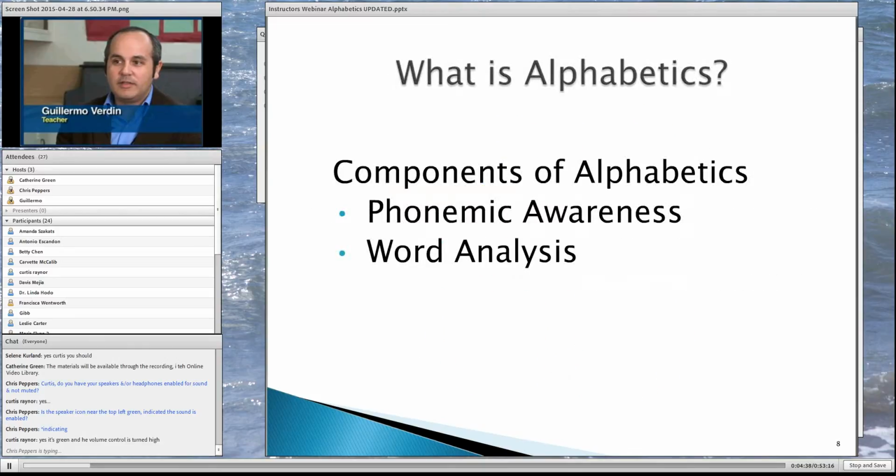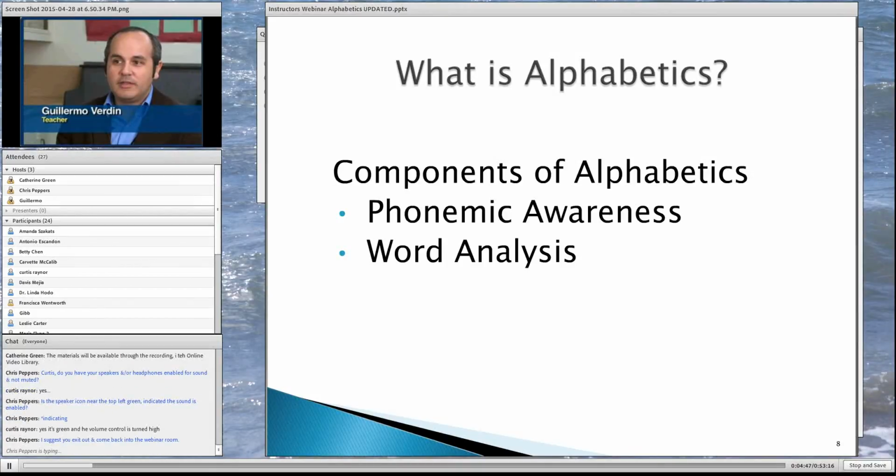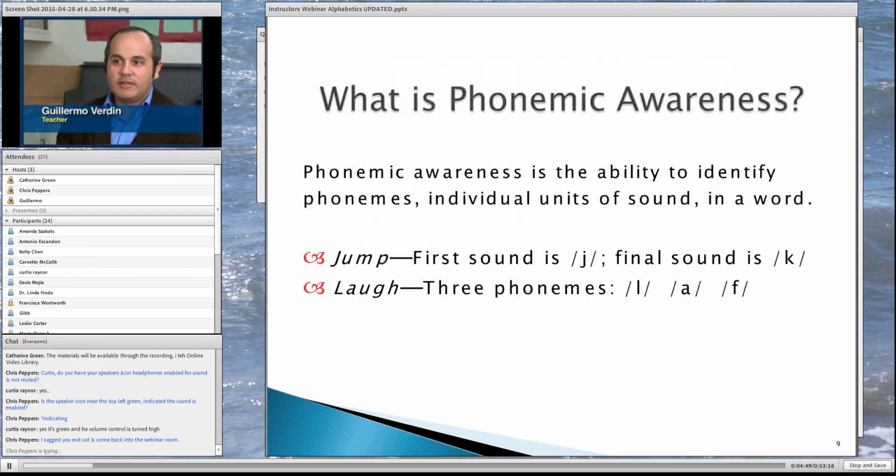Now, alphabetics is made up of two components, and that is phonemic awareness and word analysis. Let me just touch briefly upon each one. What is phonemic awareness? Phonemic awareness is the ability to identify phonemes, and phonemes are basically individual units of sound in a word.